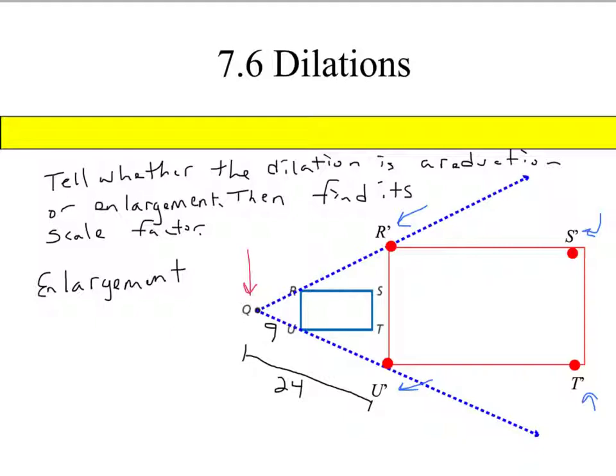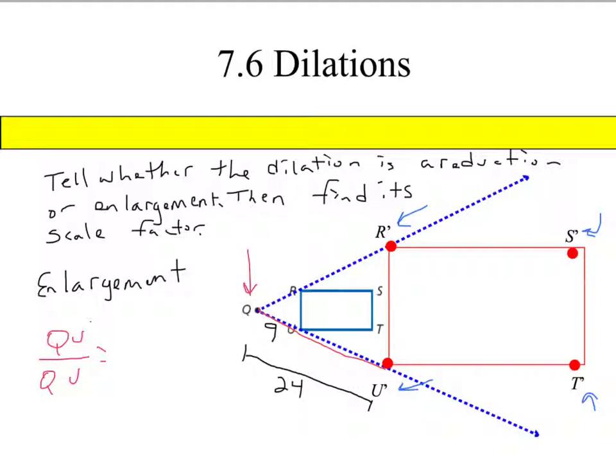Starting at my center of dilation and going to my image, it goes from Q to U prime. Then we look at our center of dilation over to our pre-image. So Q to U prime is always our top number, and our center of dilation to our pre-image is your bottom, or your denominator. So your scale factor becomes a ratio.